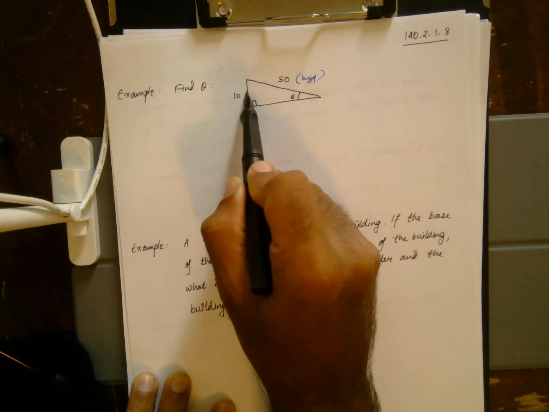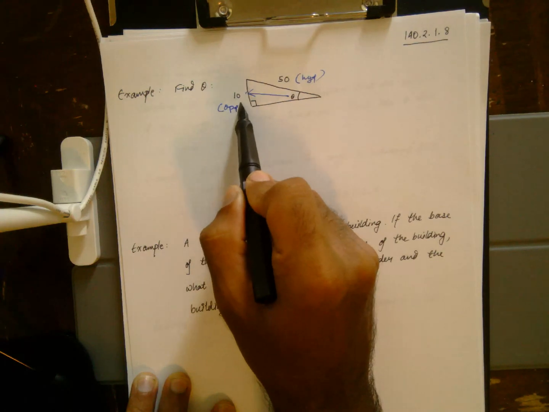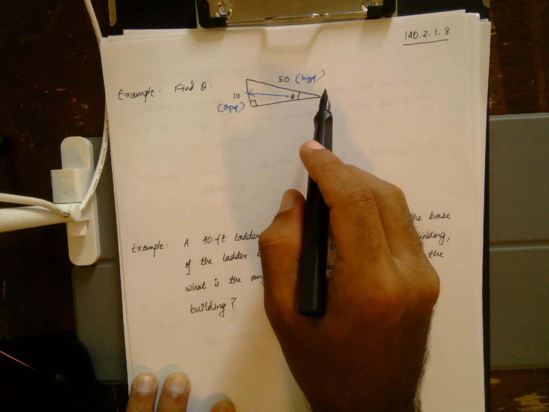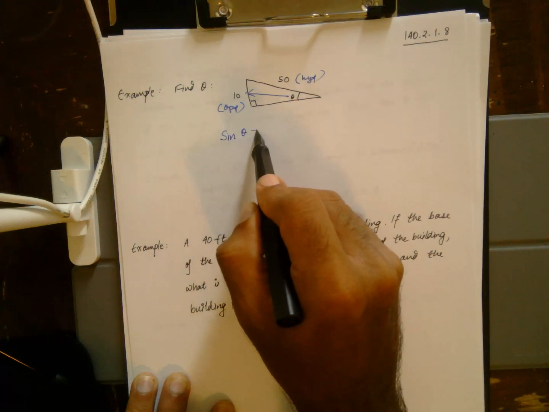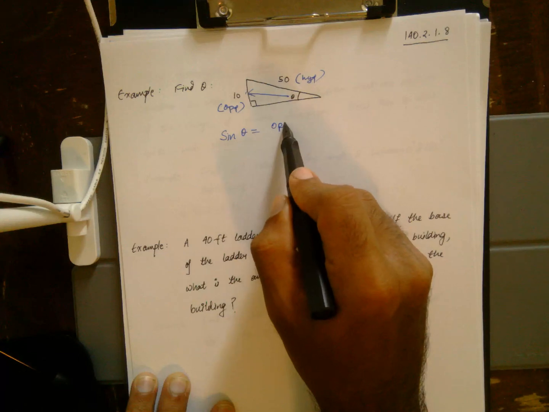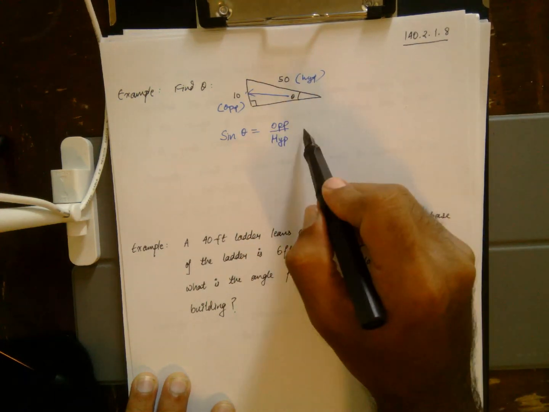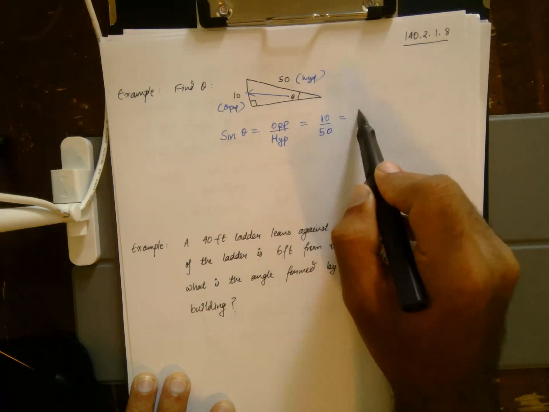Based on this angle, that is opposite. What is the ratio connecting opposite to hypotenuse? It is sine. By definition, sine theta is opposite over hypotenuse, which in this case is 10 over 50, which is 1 over 5.